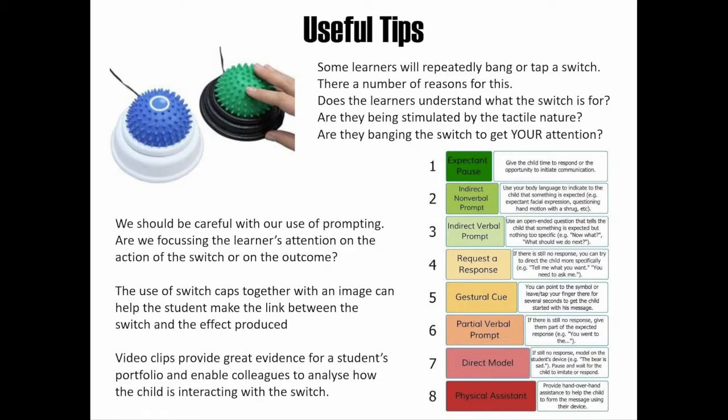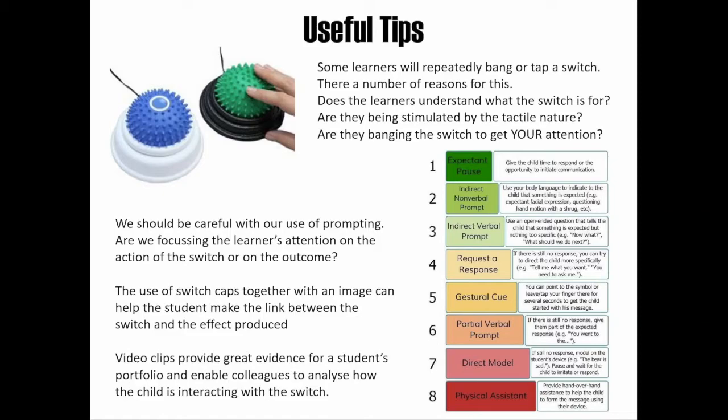Here are some tips which you might find useful. I mentioned earlier about switch tapping. Some learners repeatedly bang or tap the switch, and there are often a number of reasons for this. The first is, does the student actually understand what the switch is for?